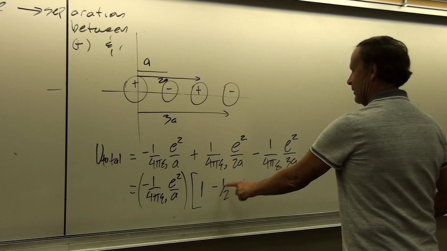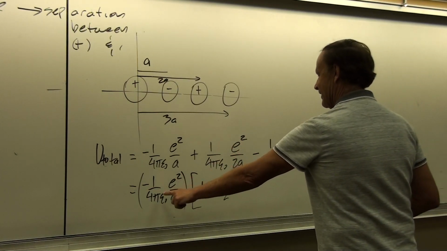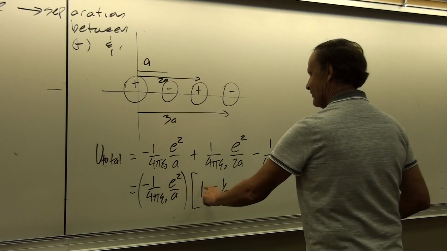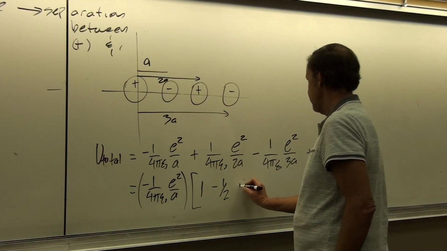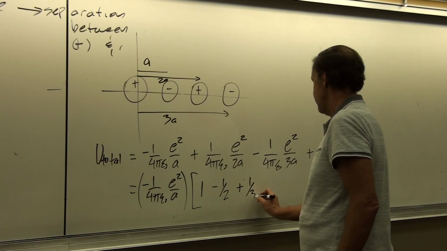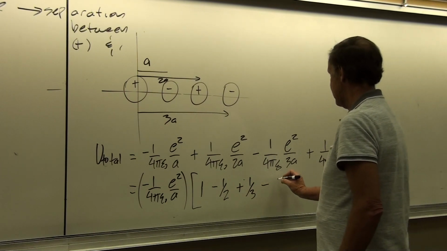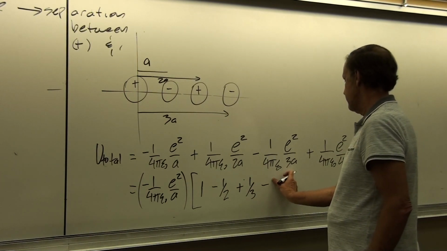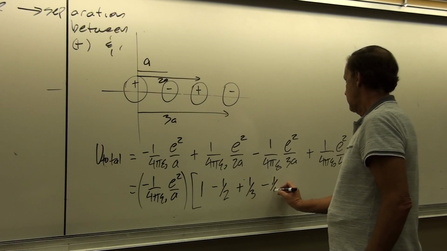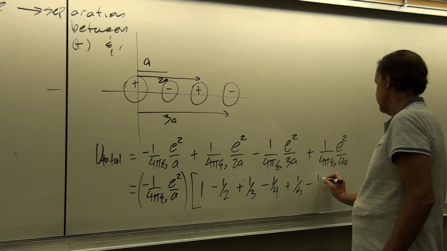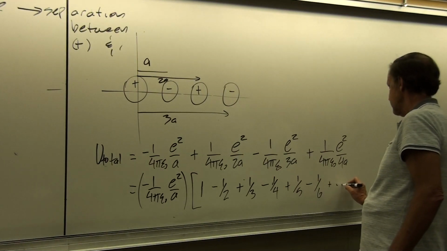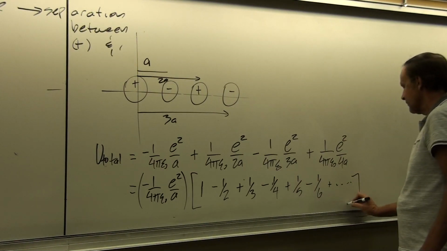So if I pulled out the negative, then this first term will be positive, but the second one will be negative. The third one will be positive, that's 1/3. The fourth one will be negative, that's 1/4. The next one will be positive, 1/5, minus 1/6, and then this goes all the way out to infinity.